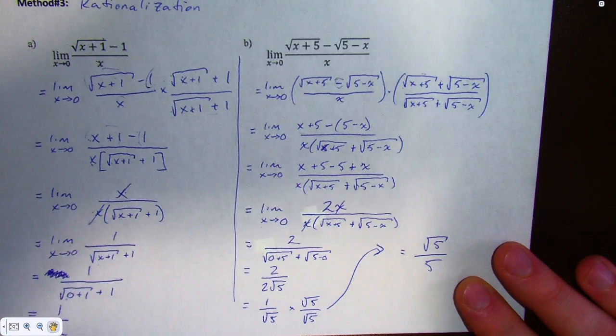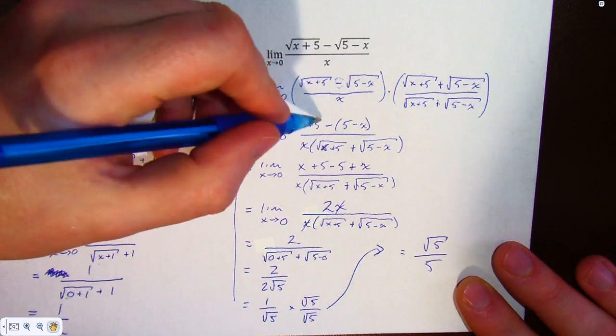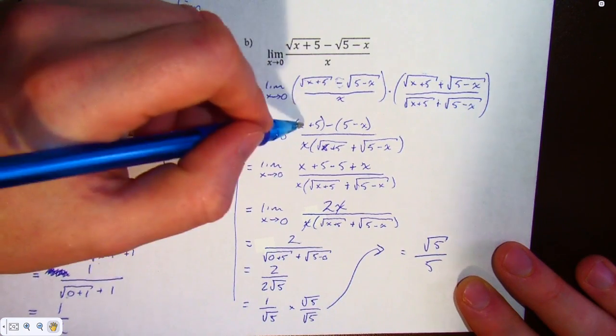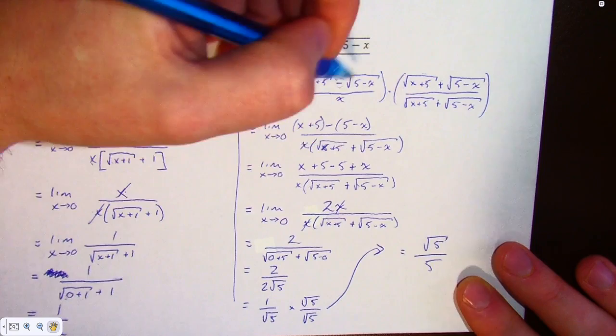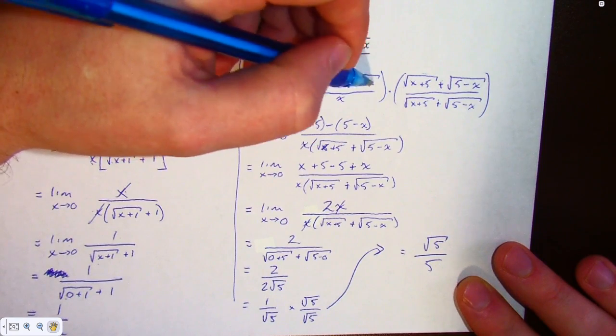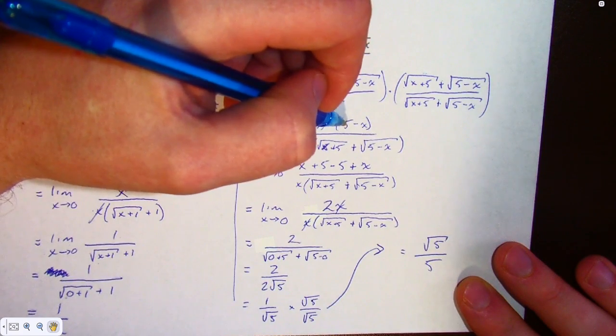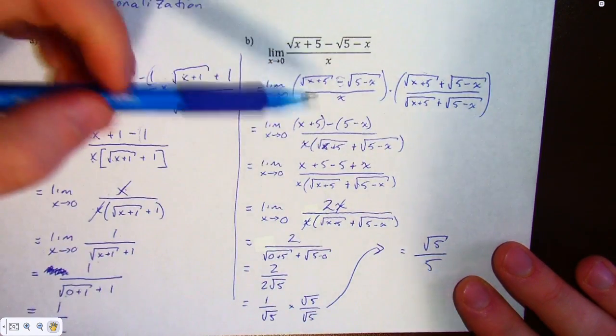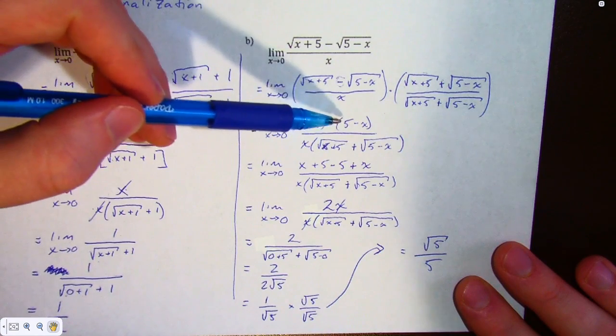Okay? So we square the square root of x plus 5, and we're left with x plus 5. And we square the square root of 5 minus x, and we're left with 5 minus x. Now this is where a lot of people will make mistakes, because this is extremely easy to make a mistake here. Okay?